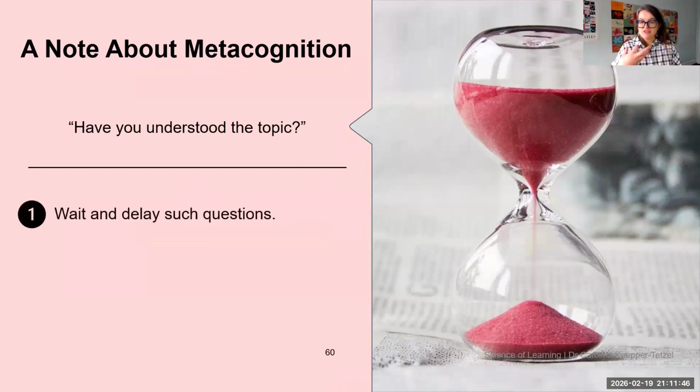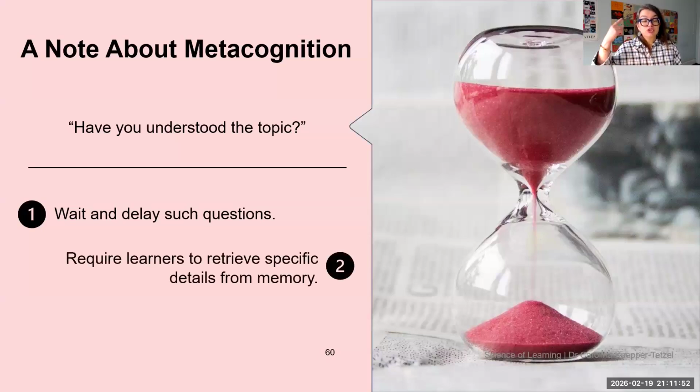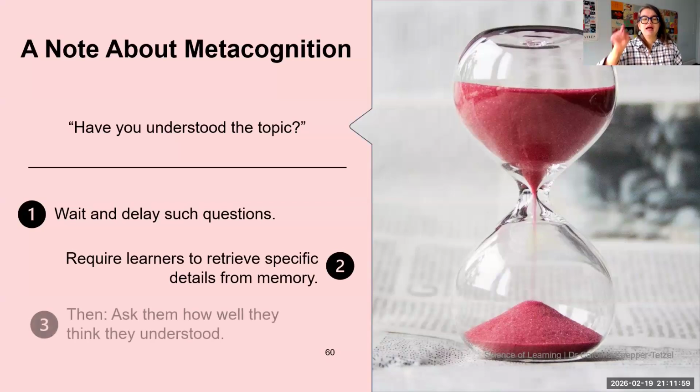So what I would suggest doing is wait and delay those questions, require them to retrieve information first, so some specific details about what you have taught them, and then ask them how well they have understood the topic. That really helps them to get a better idea of their own understanding.